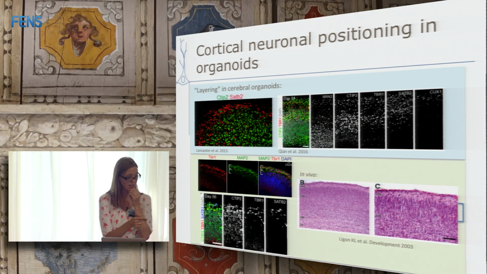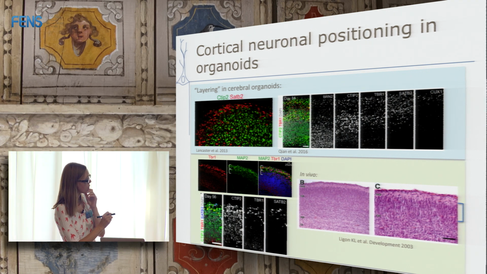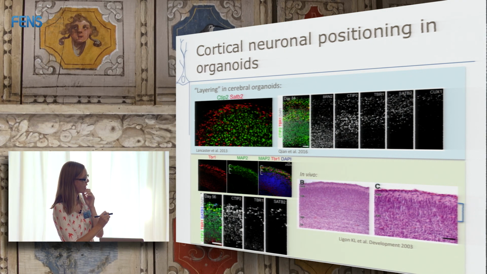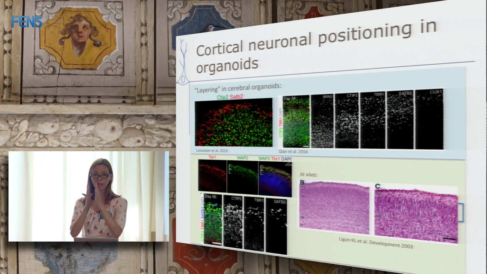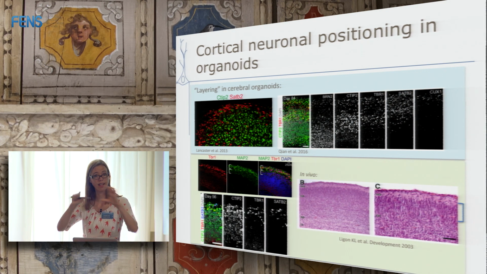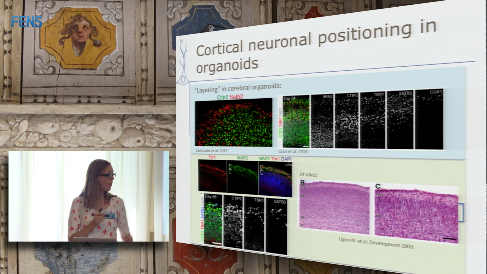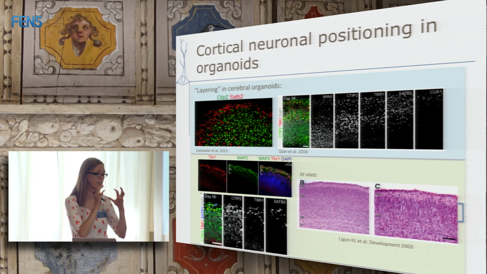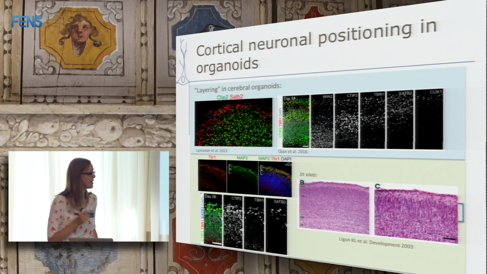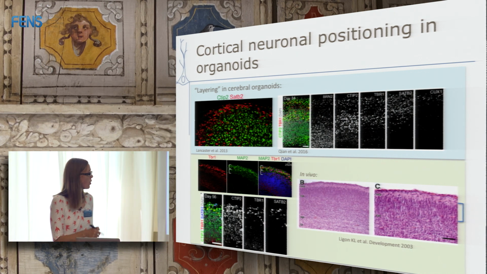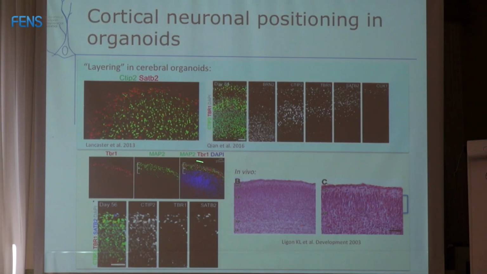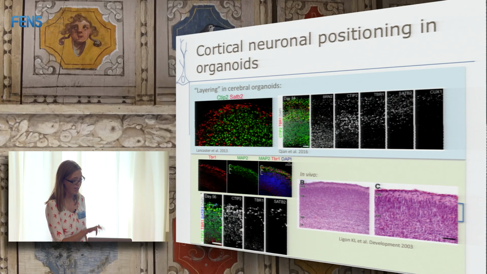If you look in vivo, the cortical plate has a very clear organization of neurons being nicely aligned and very dense. And it's been shown in vivo that the formation of that radially organized and dense cortical plate is a prerequisite for formation of the six layers of the cortex. So I started wondering how we could recapitulate that.